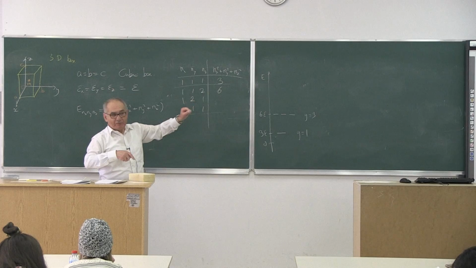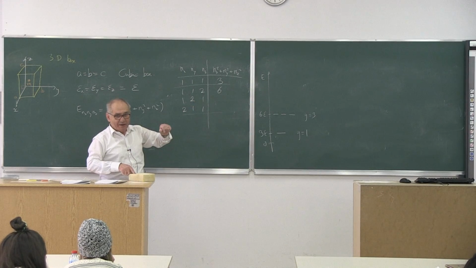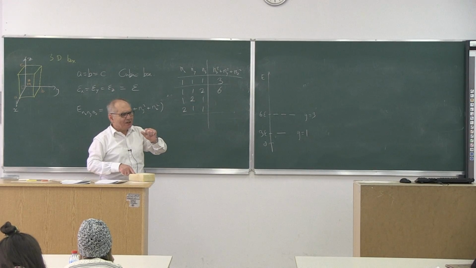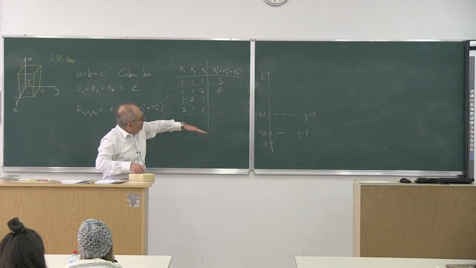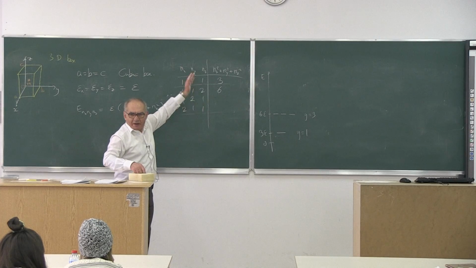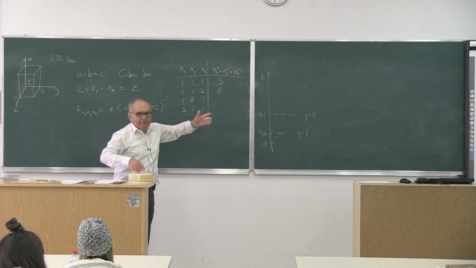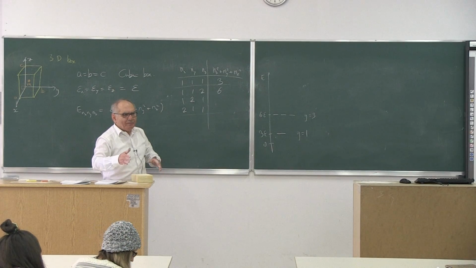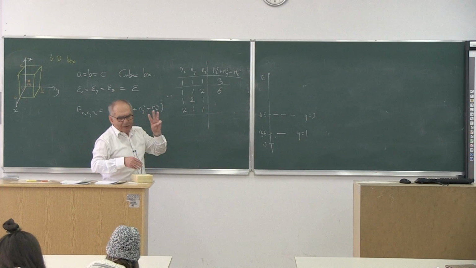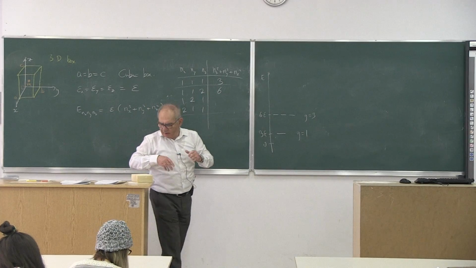So we say the energy level is degenerate. How do we describe it? Triply degenerate. We may continue for higher energies. So this problem will contain a maximum of triply degenerate states.